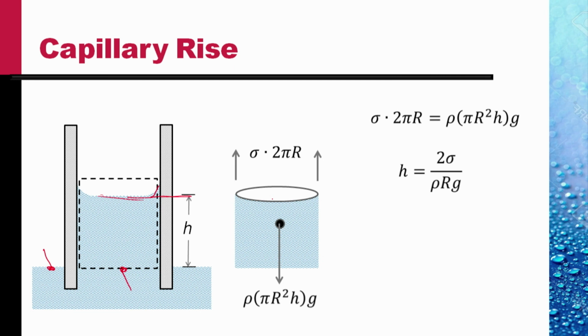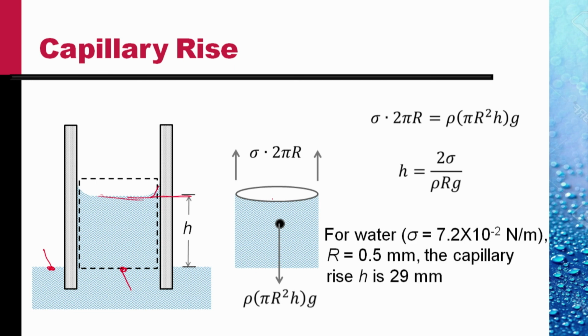The larger the value of r, the less is the capillary rise. Let's estimate this capillary rise for water in a capillary of diameter 1 millimeter, that is, of radius 0.5 millimeter.